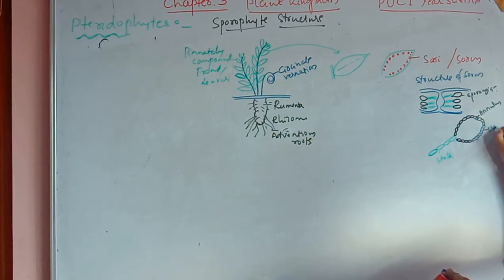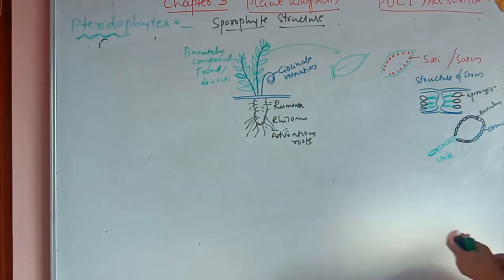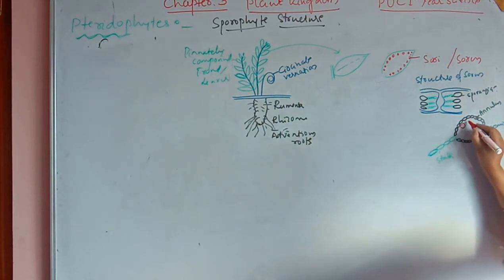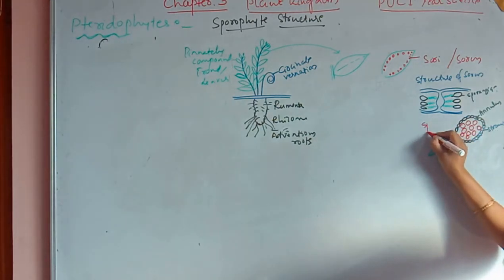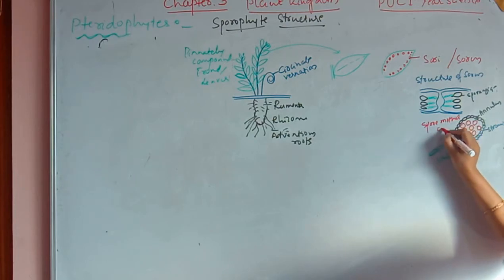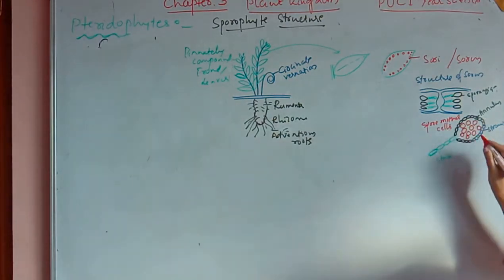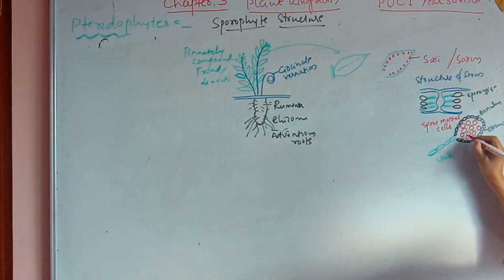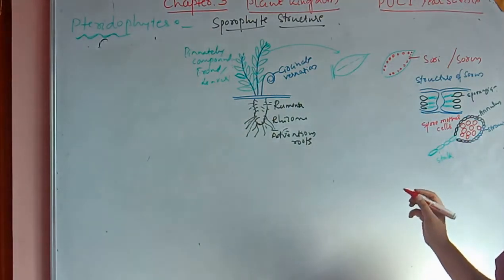This is called the stomium. Inside this sporangium, there are spore mother cells. So these spore mother cells undergo meiosis and produce the spores.